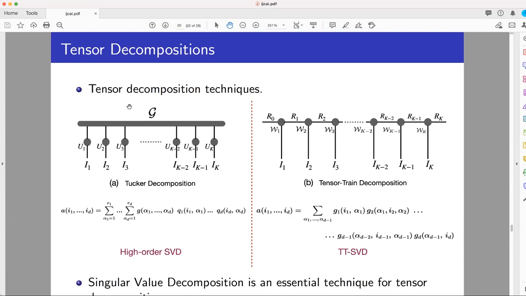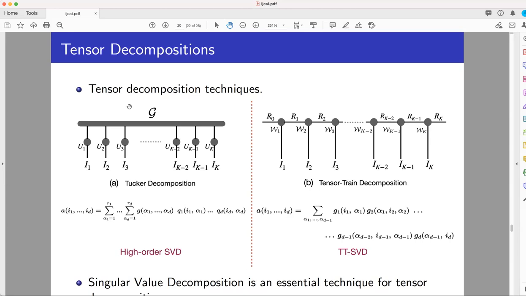Tensor train decomposition is quite different. The basic idea is to decompose a multidimensional tensor into 3rd or 4th order tensors, small core tensors. Both Tucker decomposition and tensor train decomposition are based on SVD variants.